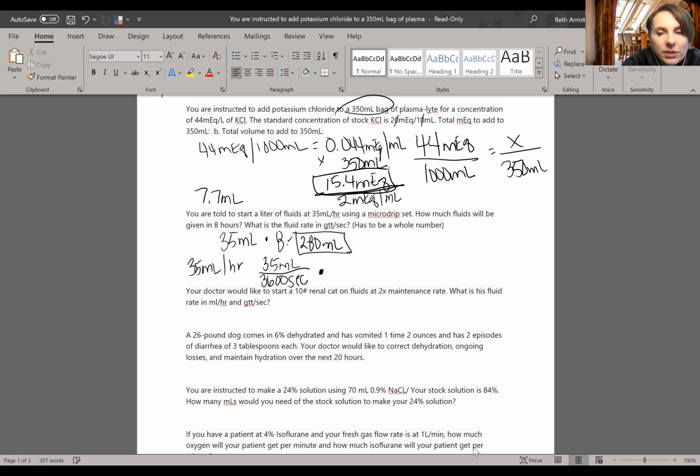So now we just have to put our drip set in here. You guys said the drip set is 60 drips per mil, right? So if we look at our setup here, we can cross out our mils and we now have drips per second.